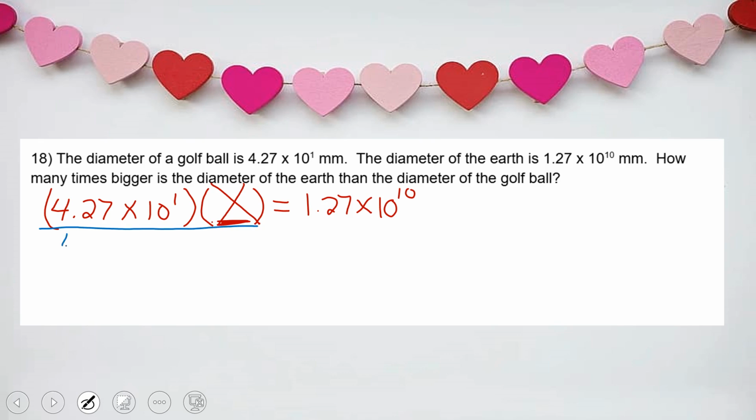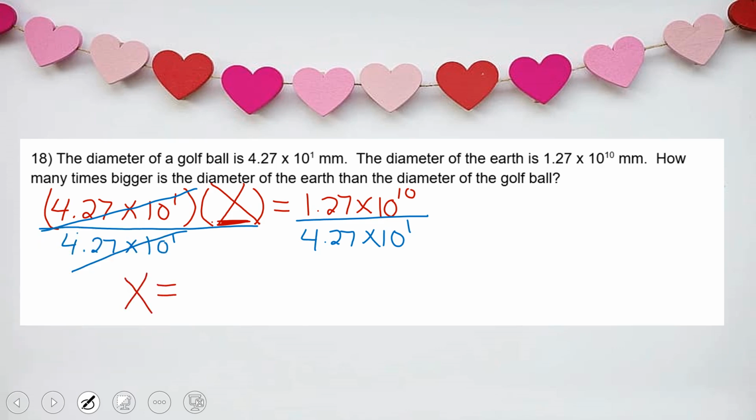So I'm going to divide by the 4.27 times 10 to the first on both sides. So that gets it to cancel on the left. And I'm left with, again, just like we did earlier, I'm going to use a calculator for what is 1.27 divided by 4.27.